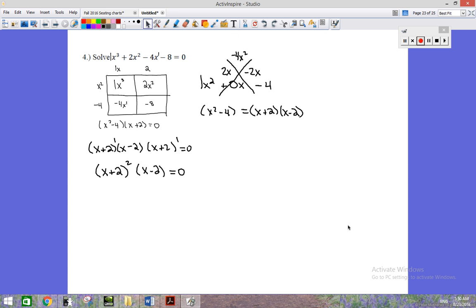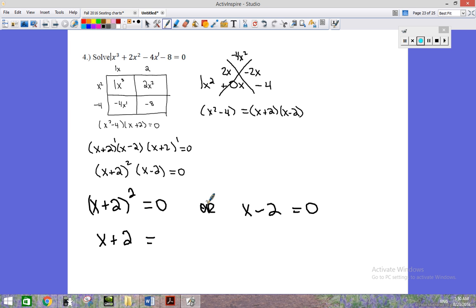Using the zero product theorem, I know that this factor of x plus 2 squared equals 0, or this x minus 2 equals 0. Well, if I take the square root of each side, that will get rid of this exponent of 2. And when you take the square root of 0, even if we put the plus or minus in there, we've got square root of 0, 0.